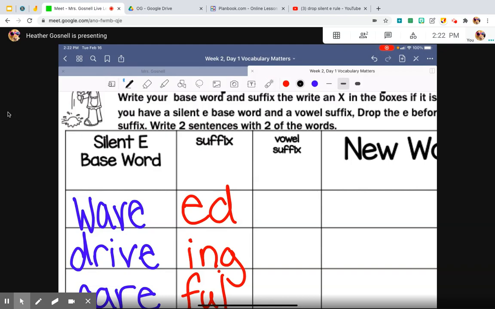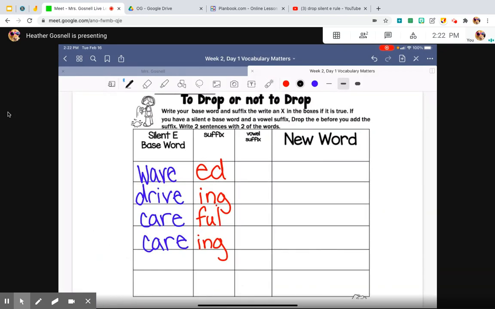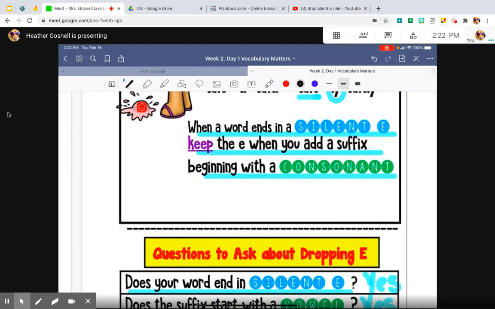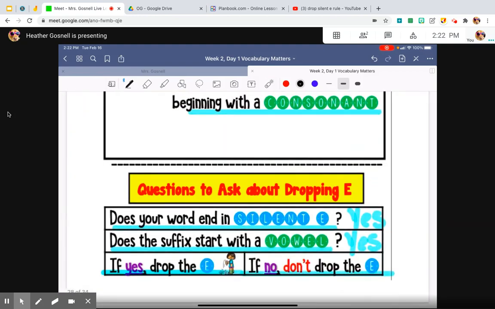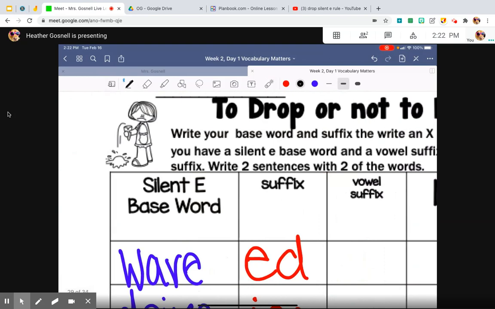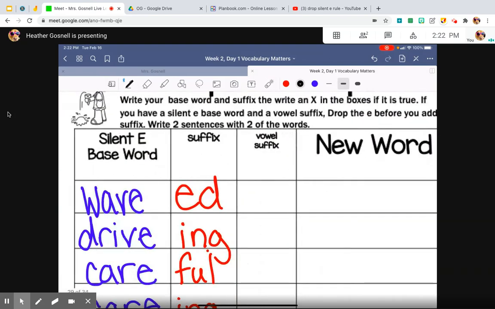Well, looking back at our chart, we have to ask ourselves, does the word have a silent E in it? Let's see, wave. Yes, it does. W-A-V-E. That E is not making a sound and it's making A say its name. So the answer is yes.